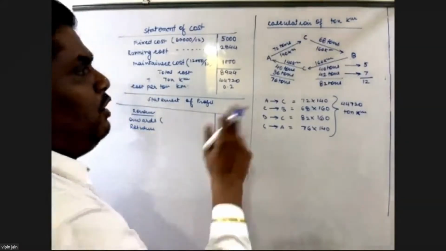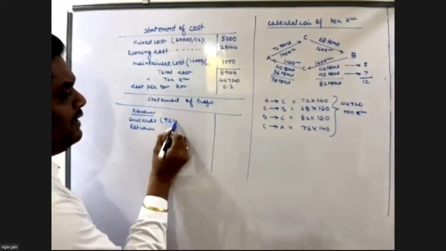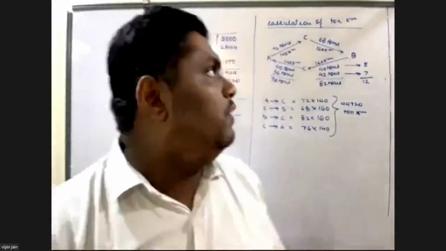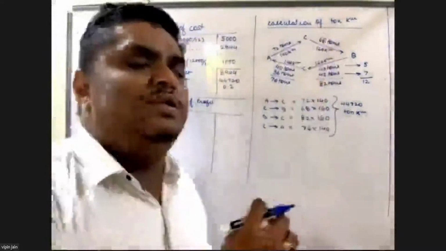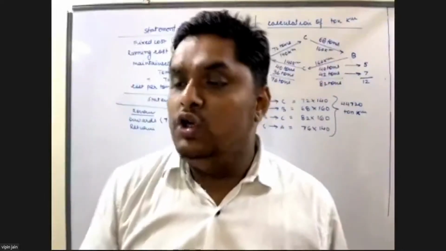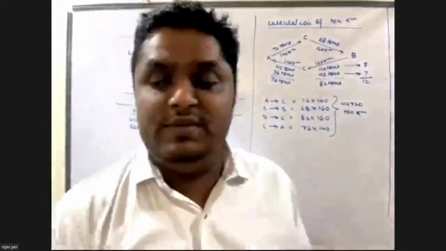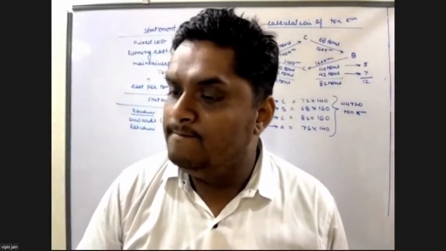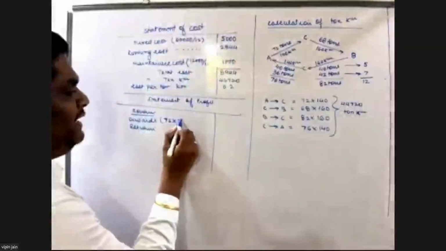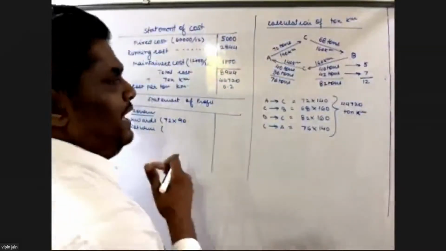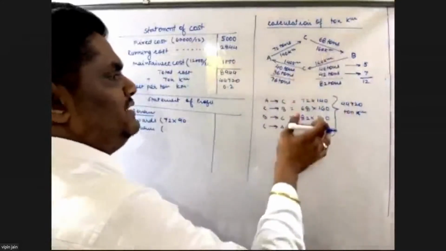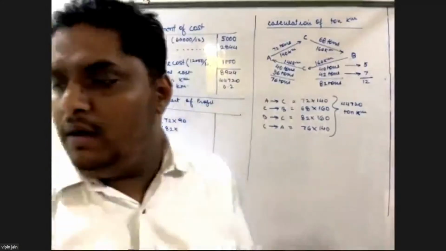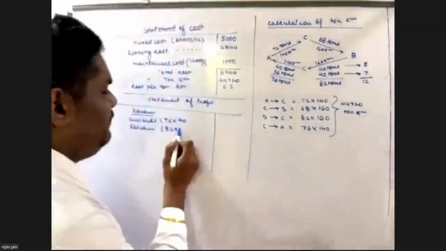When talking about the onwards journey, 72 tons were transported, and they are saying that no concession is allowed if they are unloading certain goods at city C. So total 72 tons were loaded from city A, and in the onwards journey, they are charging ₹90 per ton. When talking about return journey, again, no concession is allowed. So total tons transported were 82, and the fare for the return journey is ₹84 per ton.